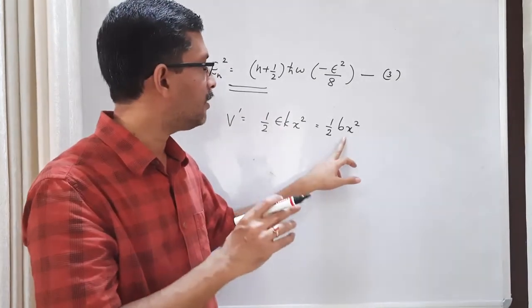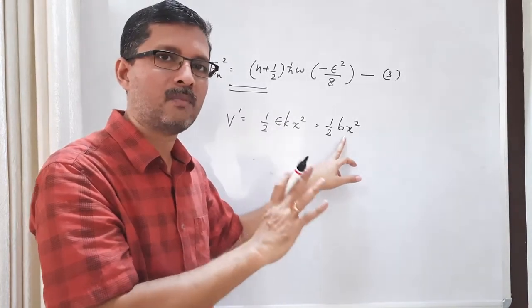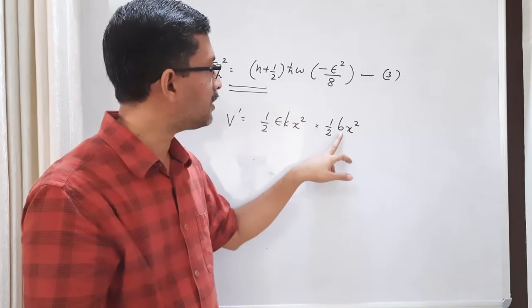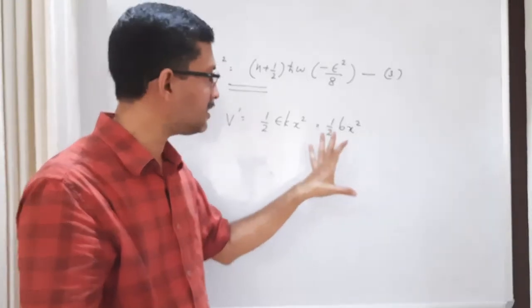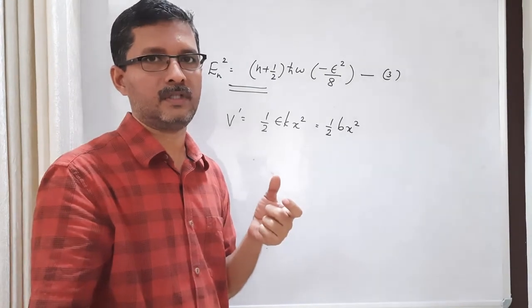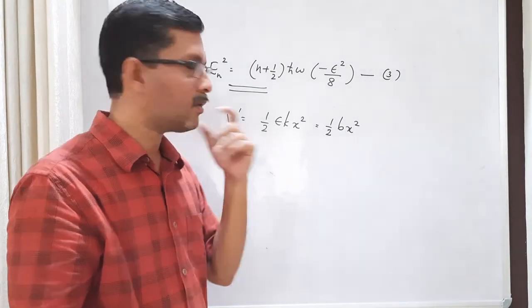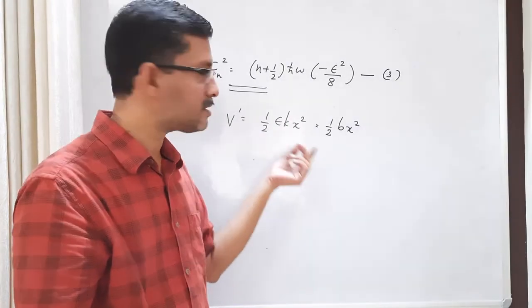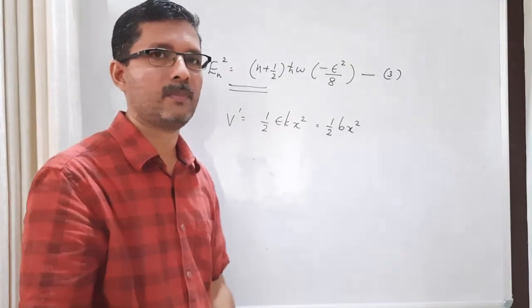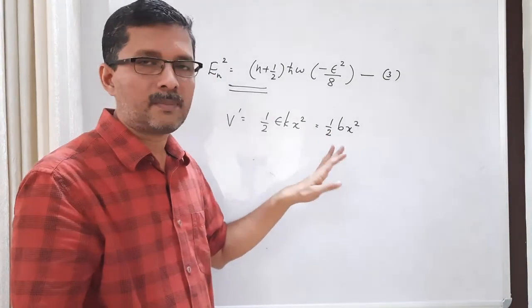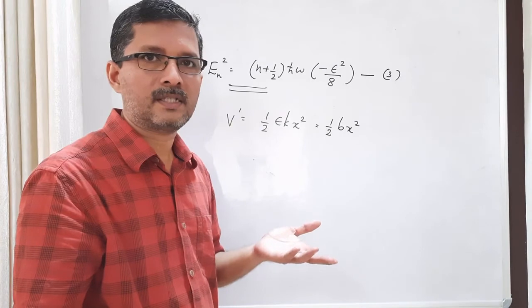This is a parabolic perturbation, or we can say a harmonic oscillator type potential we have applied. So this is essentially like a change in the force constant of the harmonic oscillator. k goes to k plus b, or k goes to k plus epsilon k, or k into 1 plus epsilon. That means we can solve it exactly.